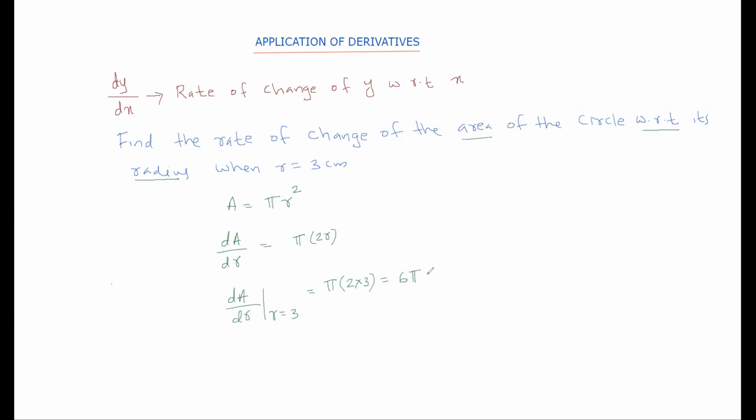It is area, so it is centimeter square per centimeter, because it is with respect to radius. So for 1 centimeter of radius, the area will change by 6 pi. So this is one meaning of the derivative, rate of change.